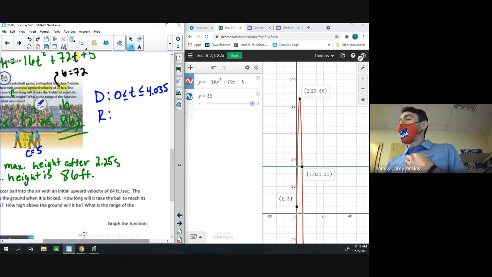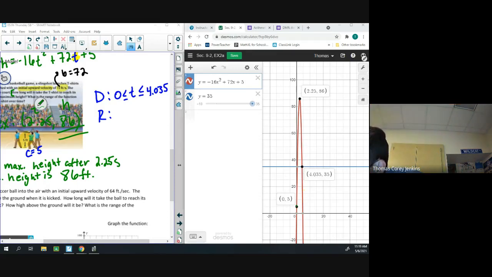The range is my up and down movement, right? So again, think about the flight of the thing. Here's where we start to really think about what we're seeing. Remember that I took off from here, and then I go up and up and up, come back down, and then the fan catches me here, right?